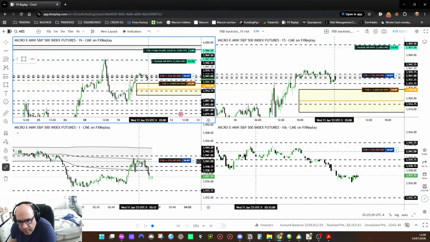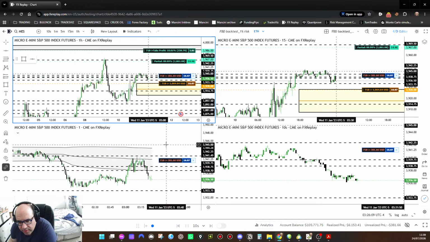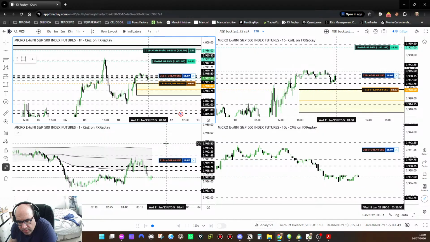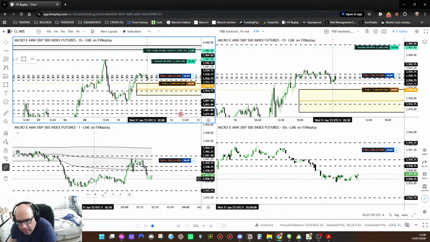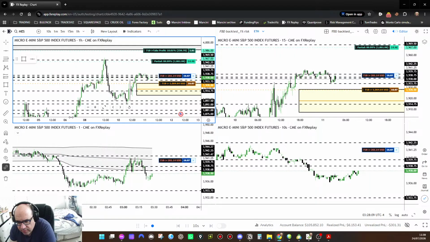So that's why we see the market will push beyond the VWAP. Let's see if it's gonna retest it. I'm gonna close the trade. Getting back into the failed breakdown area. See if we can retest the VWAP.